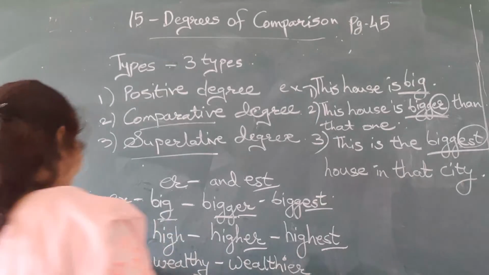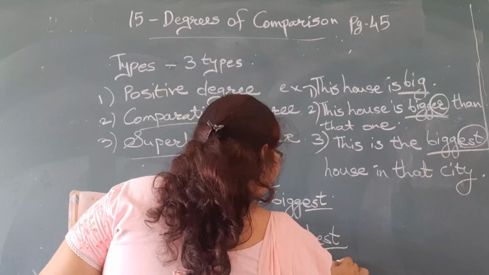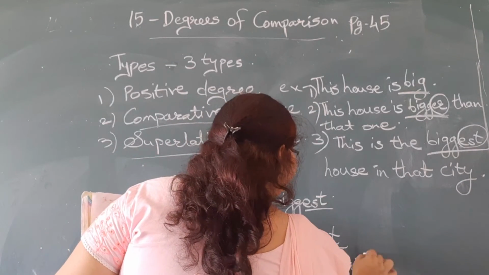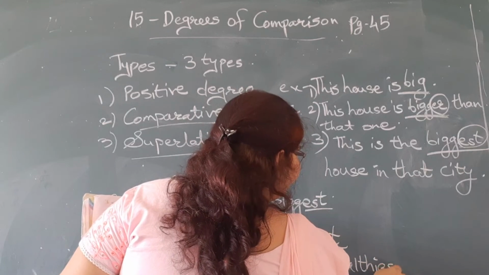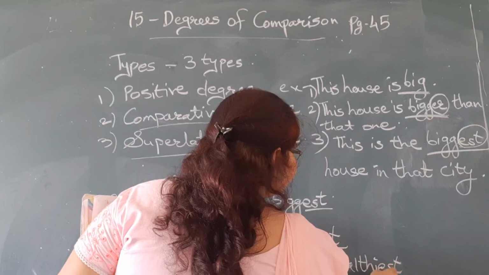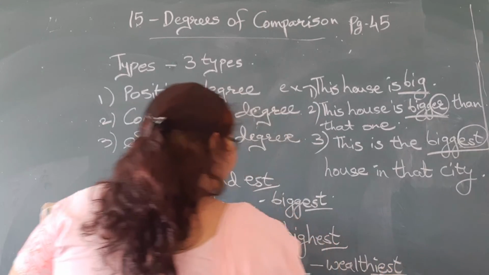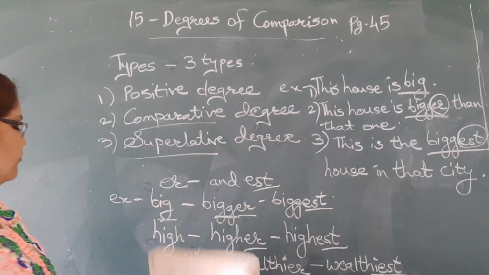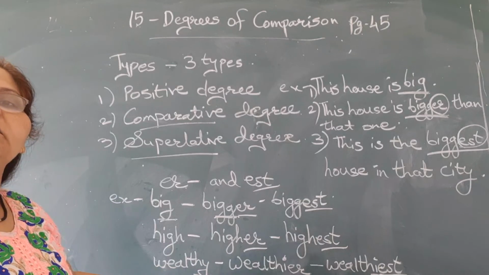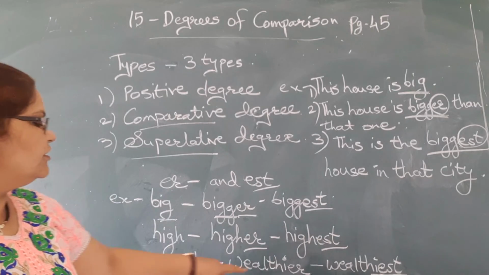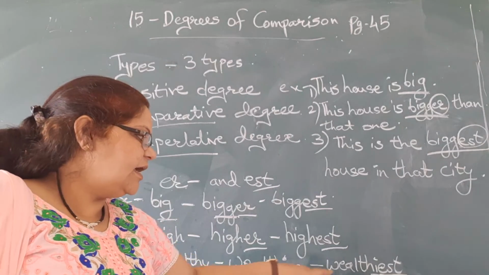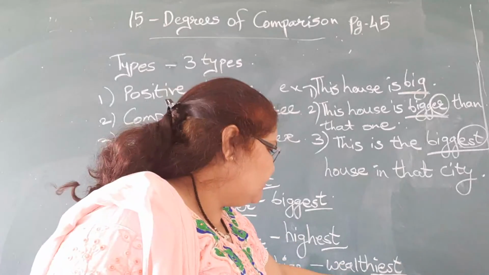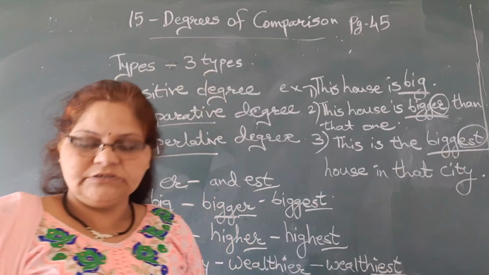I, ER. Again for the superlative, same: WEALTH, I, EST. So see, Y was there in wealthy, but Y is not written in the comparative; we wrote I and at the end we put ER. Same here, superlative IEST.